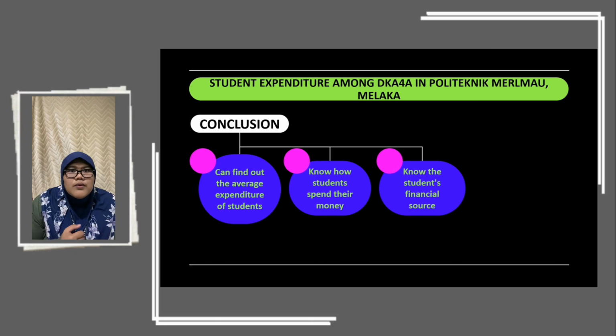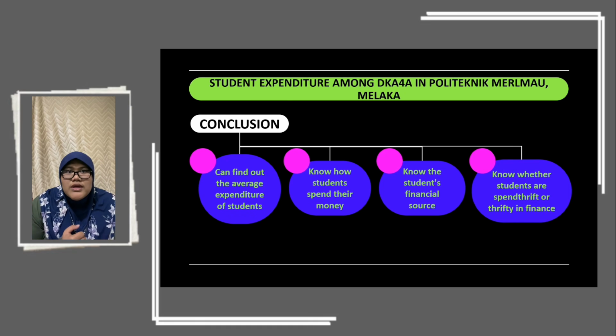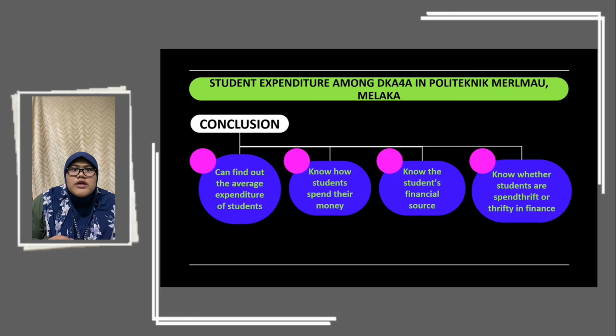Then, we know the students' financial sources. And last but not least, we also know whether students are spendthrift or thrifty in finance. This data is important since it can be the main cause of why students don't have enough money to spend.